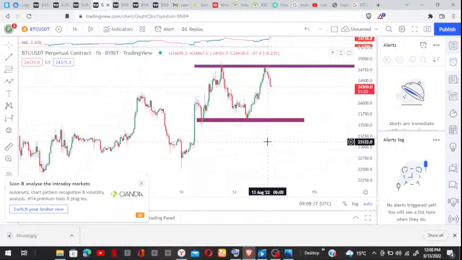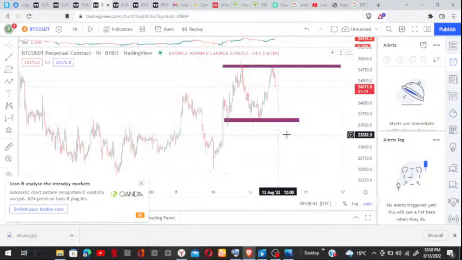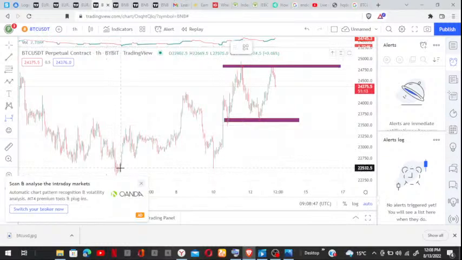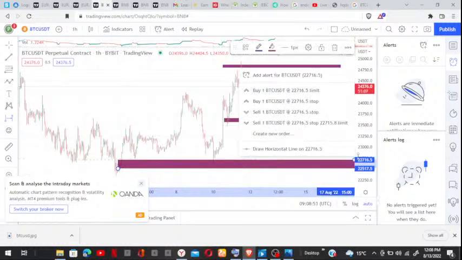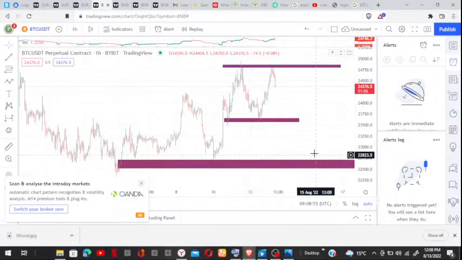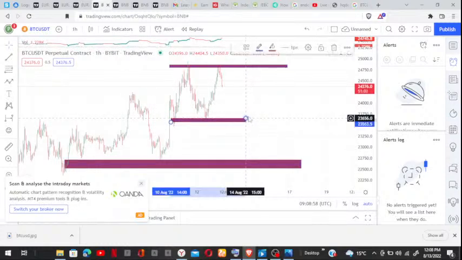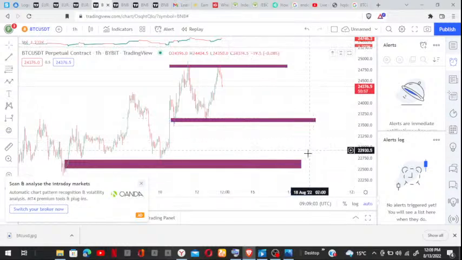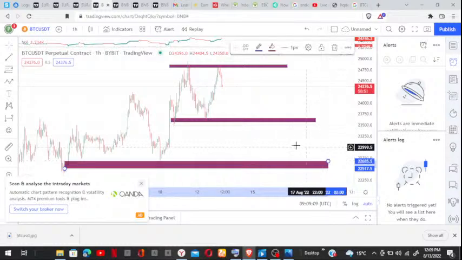So for me, when I was analyzing my charts on this, I had three zones. Whenever you're analyzing your charts, you must have some probabilities. So this is how I draw my support and resistance.